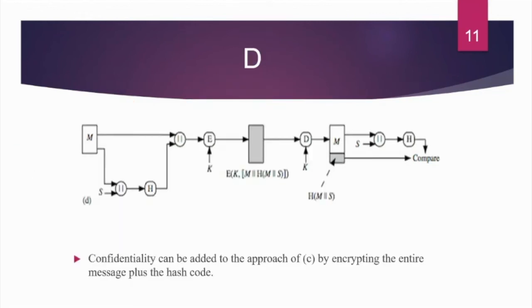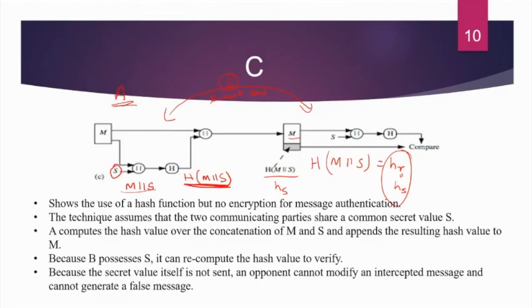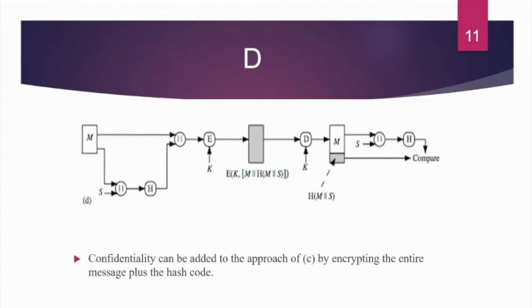Fine. So in another variation, we are still not able to achieve confidentiality, right? So what you can do is, you have this secret code with you and you have calculated the hash code over M appended with S. Now you append this hash code with M, the plain text message, and encrypt this entire thing using a key.